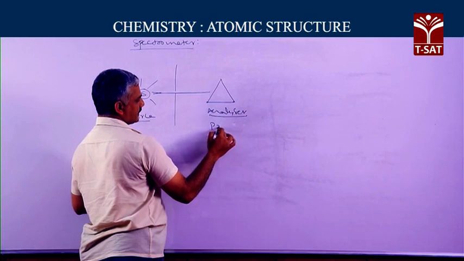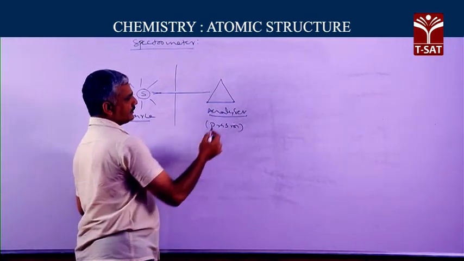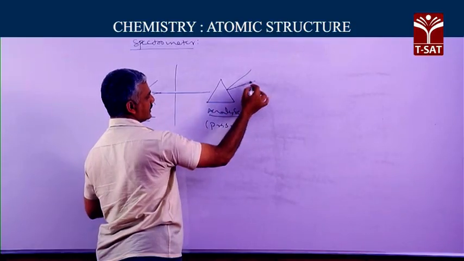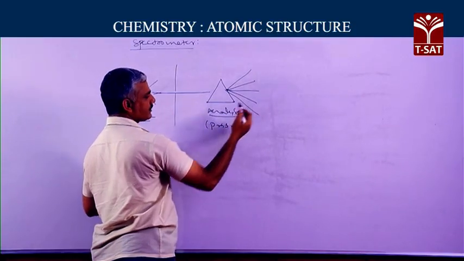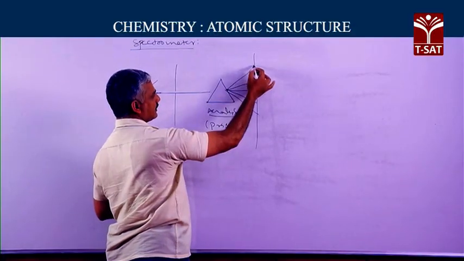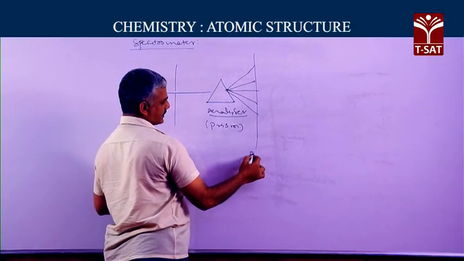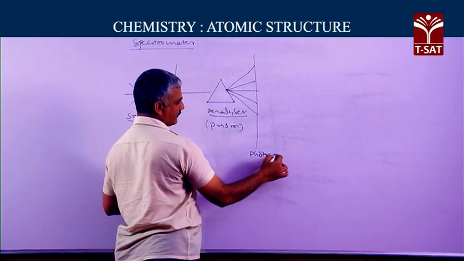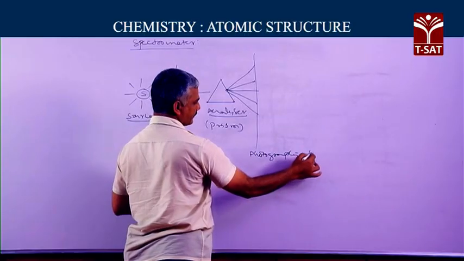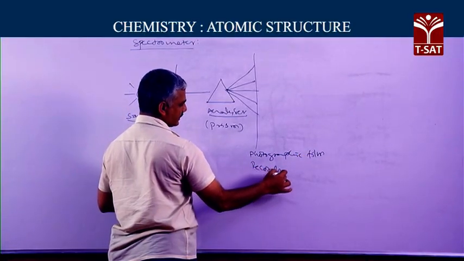In most cases, the analyzer is a prism, and the prism splits the incident light into different waves and arranges them in an order based on the properties, which is recorded on a photographic film, called the recorder.